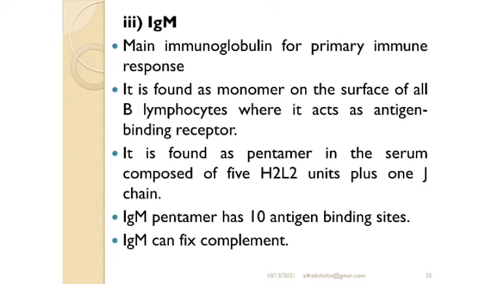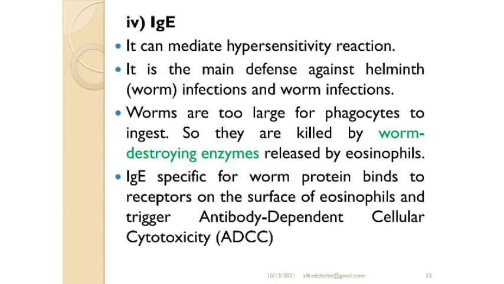fix complement. Moving on to immunoglobulin E, so it can mediate hypersensitivity reaction, and it is the main defense against worm infections, also sometimes referred to as helminth infections. The reason for this is because worms are too large for phagocytes to ingest, so they can be killed by worm destroying enzymes released by eosinophils.